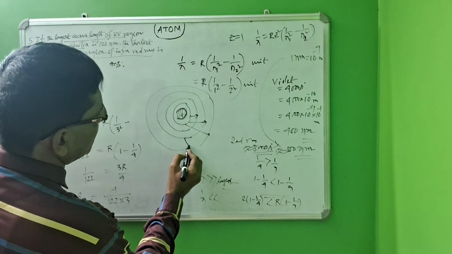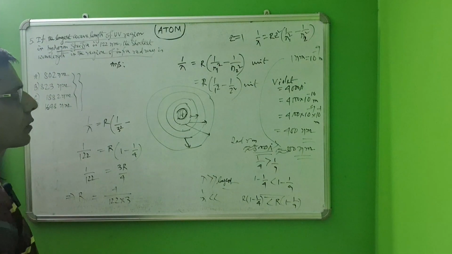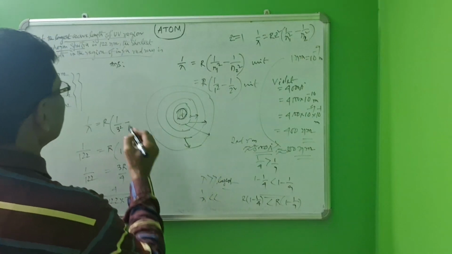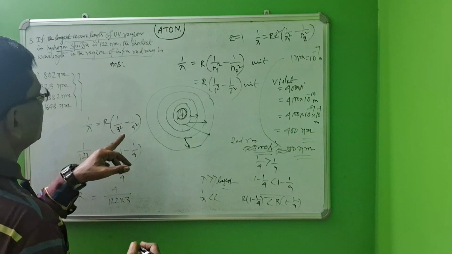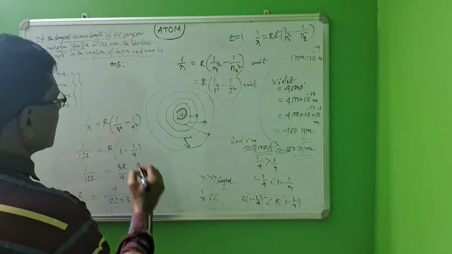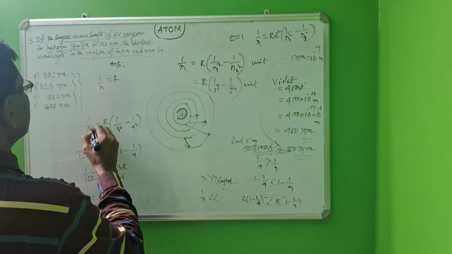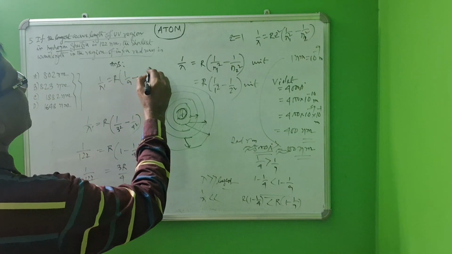If we go from this to this, we get a spectrum of wavelength 1 by 4 squared. Suppose this. So we get 1 by lambda equals R times 1 by 9 minus something.